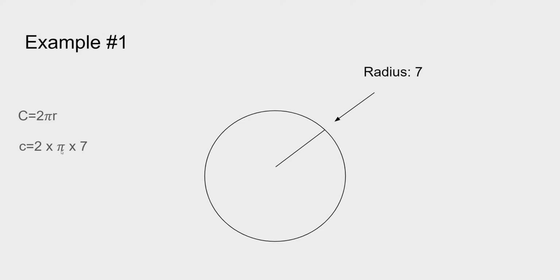Now, we can move this around to make it 14 pi, which is roughly 42, as pi is roughly 3. So now we know the circumference is roughly 42 feet, or whatever unit of measurement you would like to use for this.